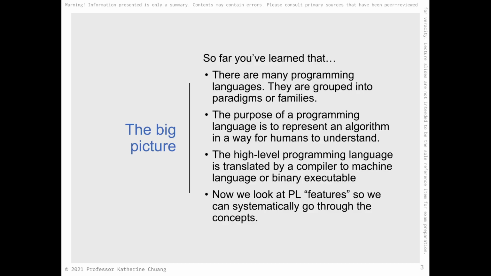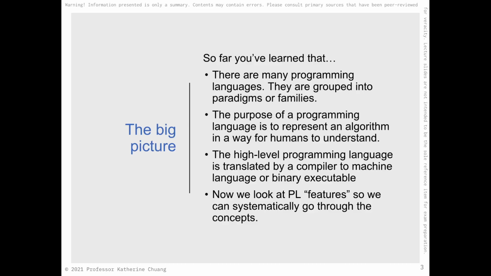There's a lot of different languages out there. Different events in history have motivated the creation of certain languages, and these languages can be grouped roughly into a loose classification known as paradigms, and they act as different families of programming languages.